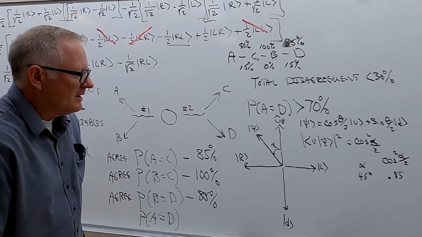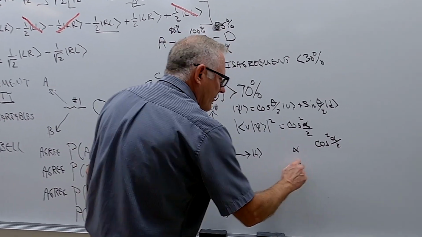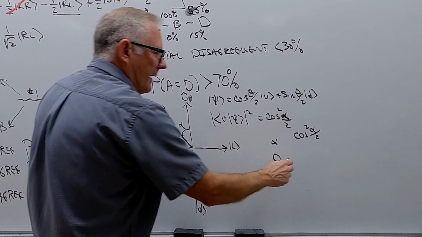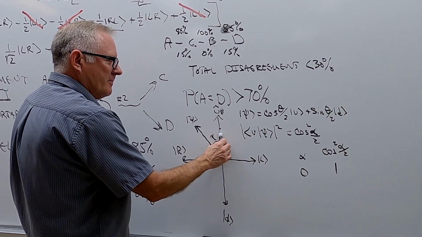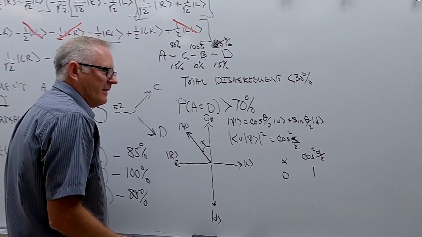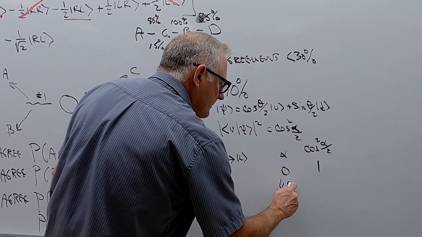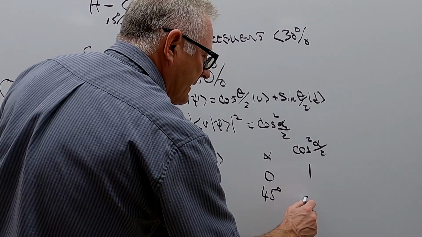Actually, let's do 0 degrees first. If you're at 0 degrees, cosine of 0 is 1, which would make sense. If they're both right here, then you just get up, up, and you get 1. But now, if this is at 45 degrees, we just said that's 0.85.